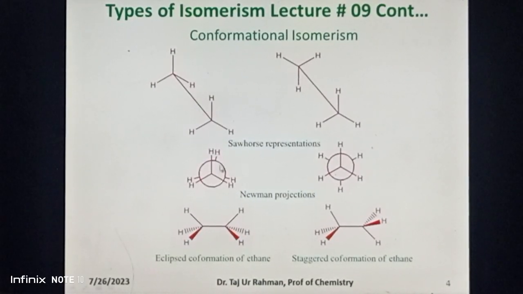Again, see this eclipsed conformation of ethane, in which all the carbon-hydrogen bonds on the front carbon and back carbon atoms are parallel.